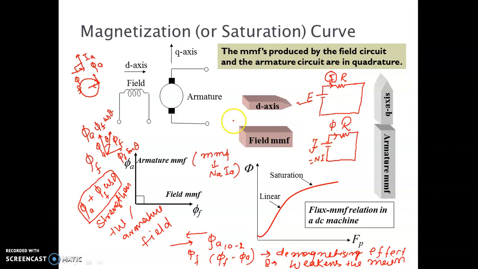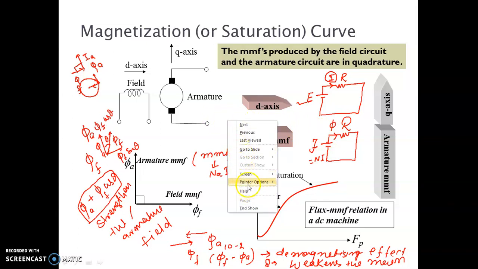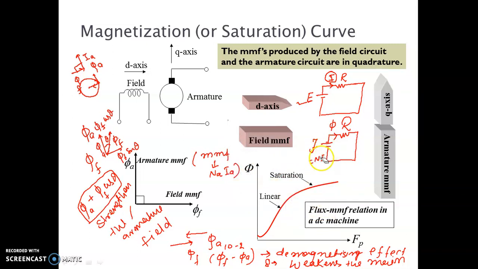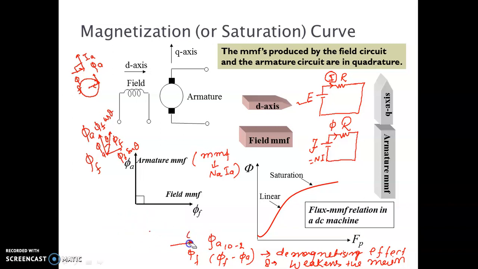So this flux is produced by MMF. Just as in the electrical circuit EMF produces electric current, here MMF produces magnetic field.